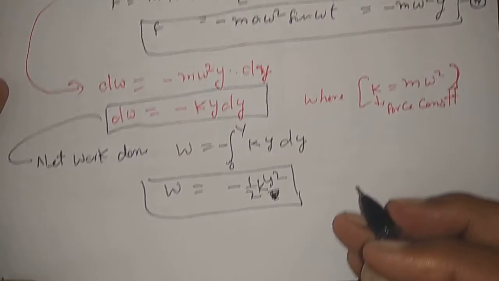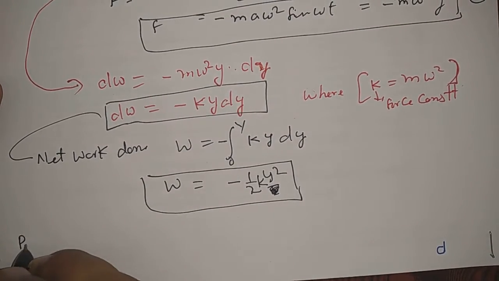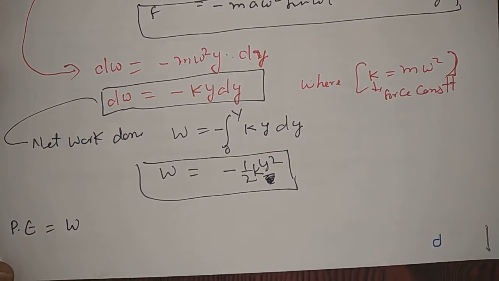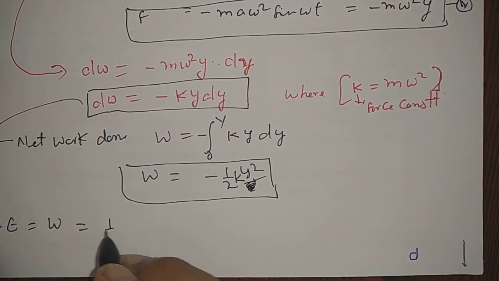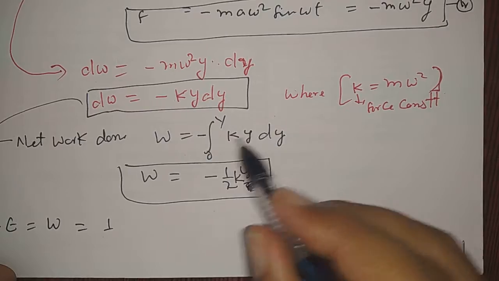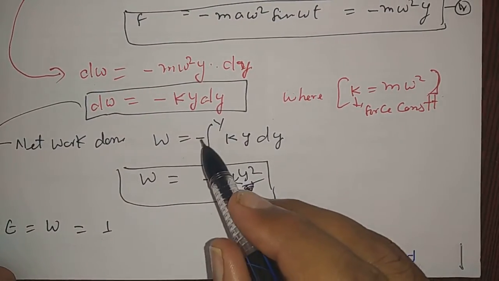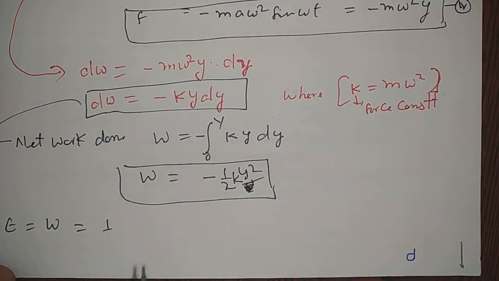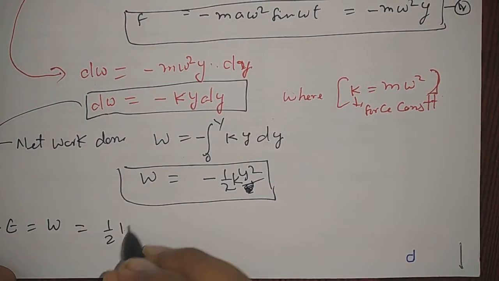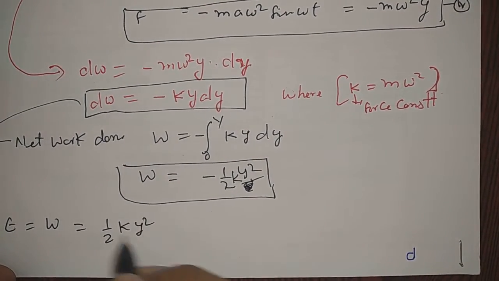Right? Now potential energy is equal to the work done to give displacement y. Work is a scalar quantity, so we are neglecting the minus sign. It is half k y square.